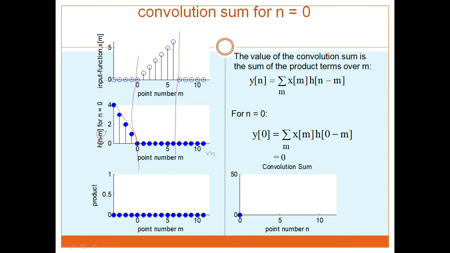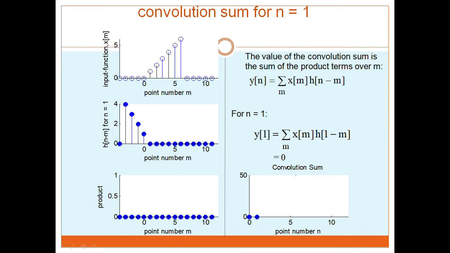So for the first summation, n equals 0, you don't shift, you only rotate, you get 0. And then you shift h to the next position. When you multiply at point 0 and 0, you get 0, and also the rest, when 0 is multiplied by numbers or constant values, it becomes 0.